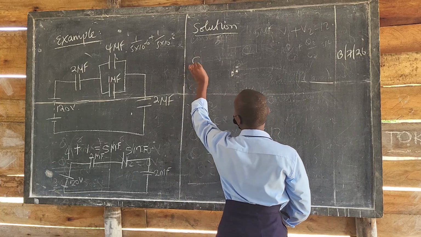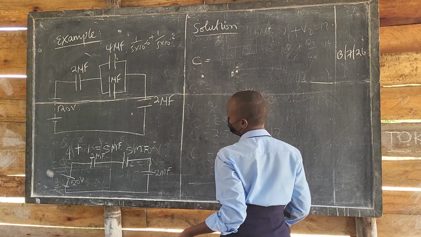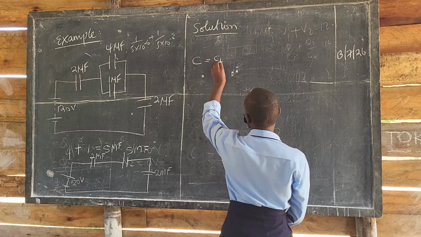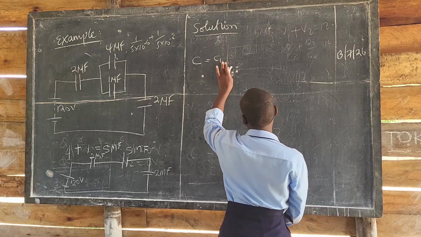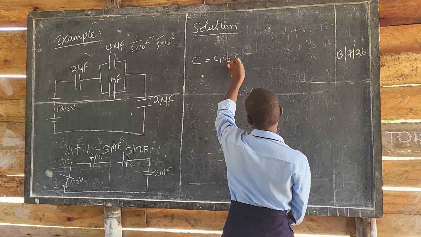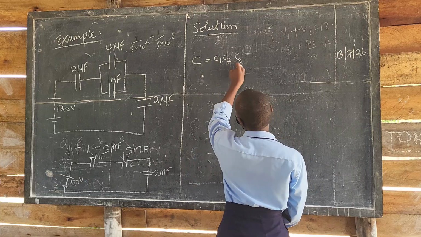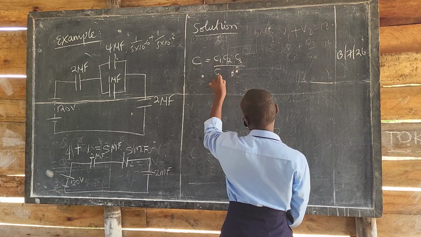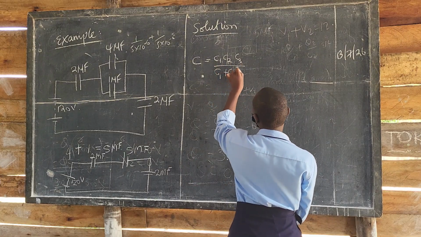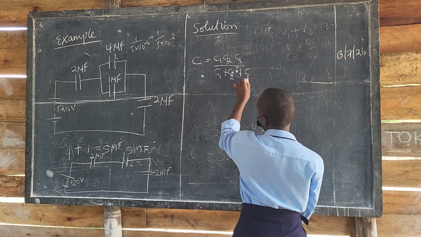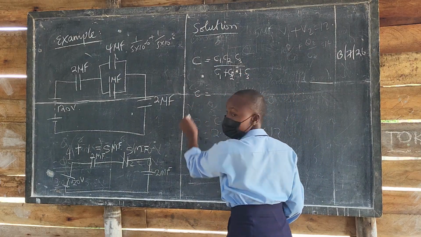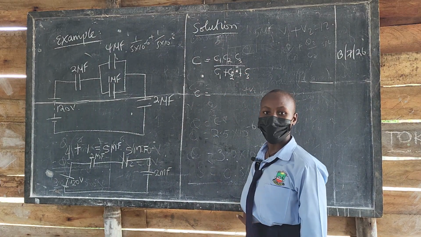Then from there we shall have C equaling C1, C2, C3, then out of C1 plus C2 plus C3. Will it be the same thing, mathematically?